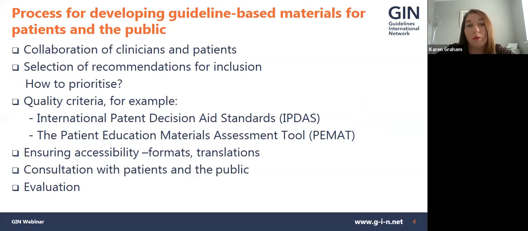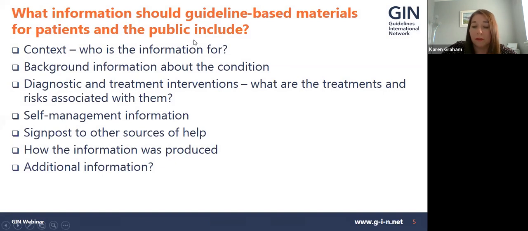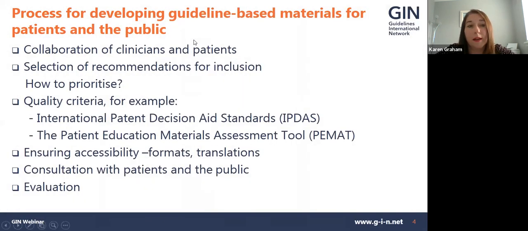It's really important when the clinicians and the patients, when they're deciding what they want in the product that they're producing that came from the guidelines, that they decide together what is important, because what clinicians might think is important isn't what patients might think is important. So it's really important that they make that decision together.